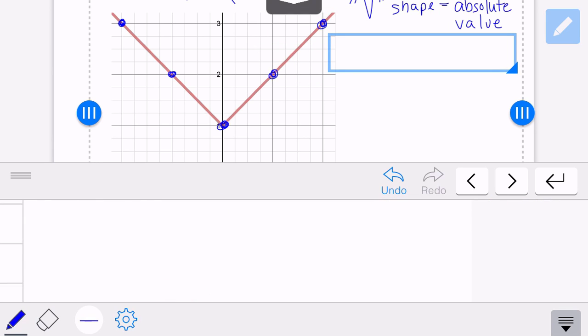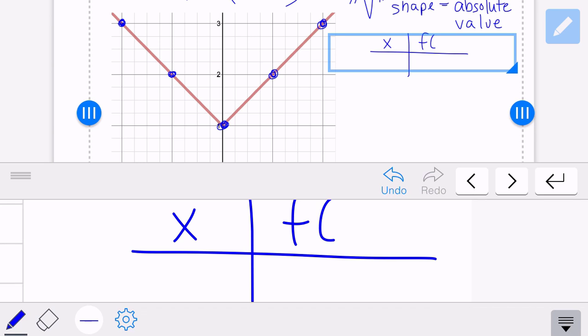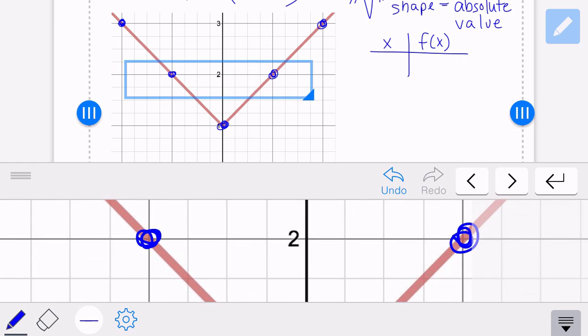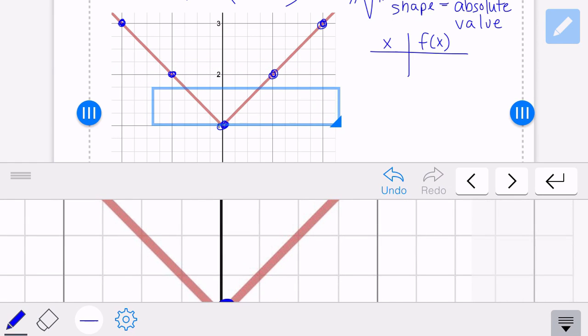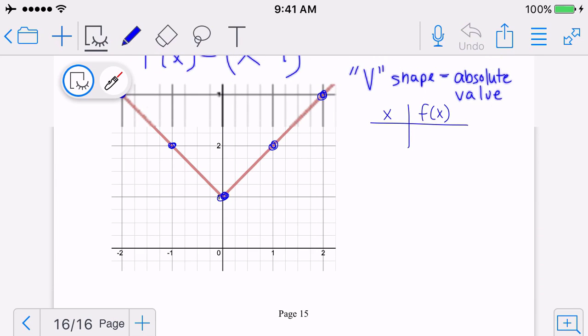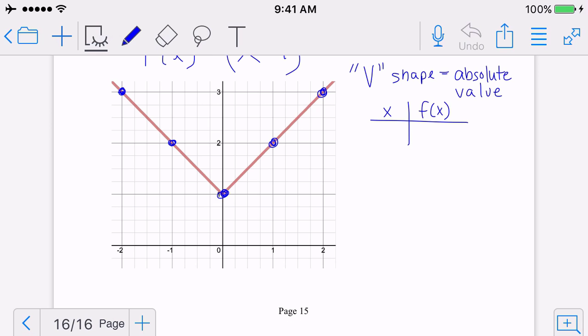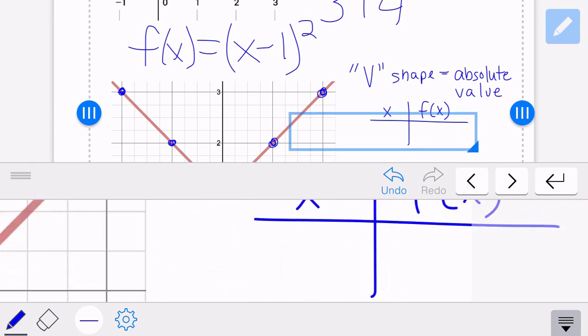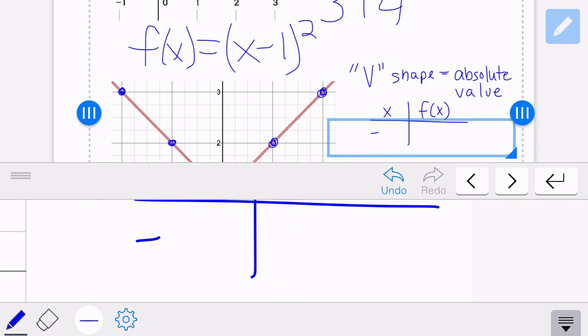So if we make our table, and we know we have x, f of x, well, that first one there, we're at -2 and then +3. So that is what we're going to throw into our table. -2, +3.